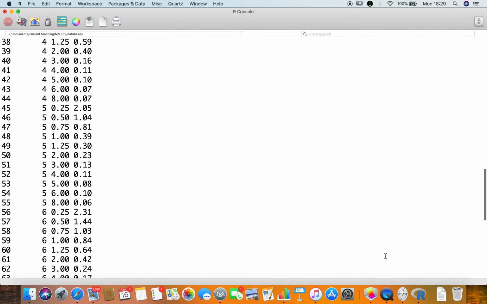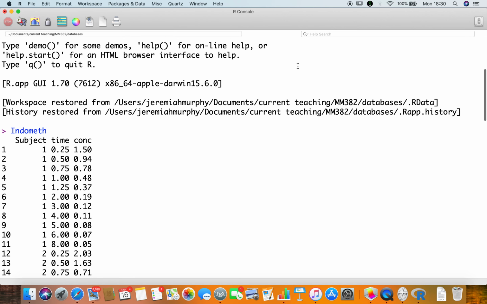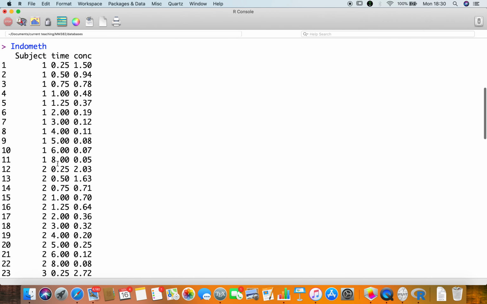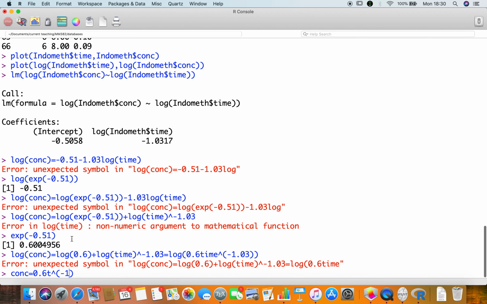Now be very careful, guys, and we talked about this before. The times that this formula is valid for: the lowest time that you got is 0.25, and the largest time I think is 8. So this formula is valid for all times between 0.25 and 8.